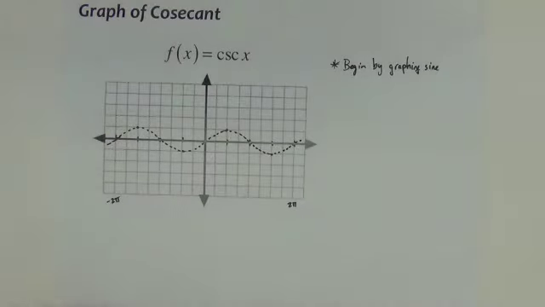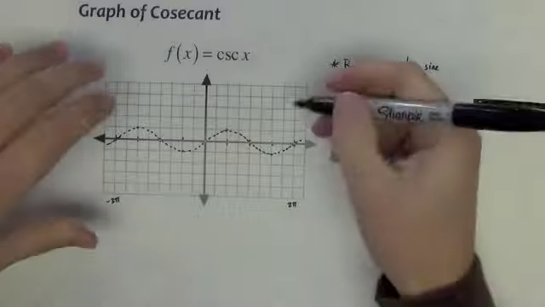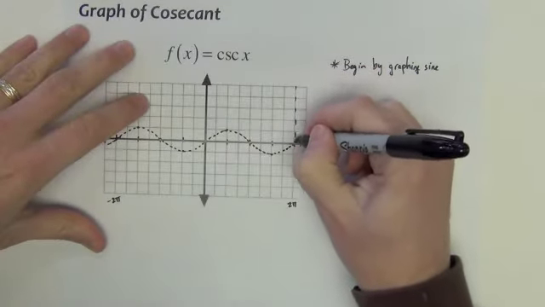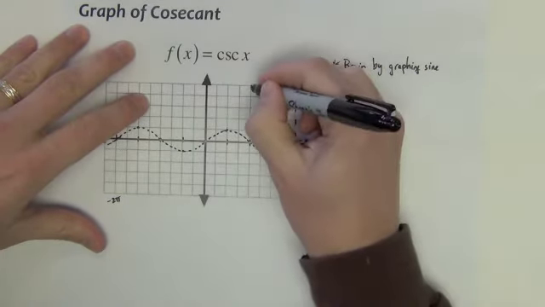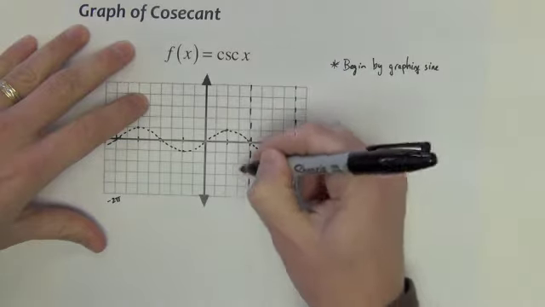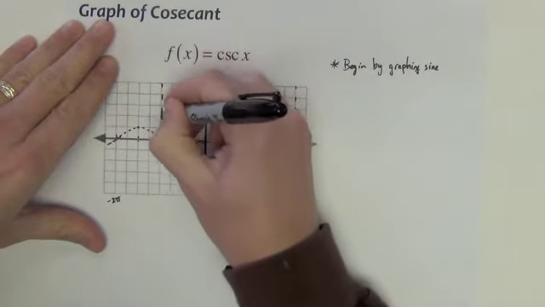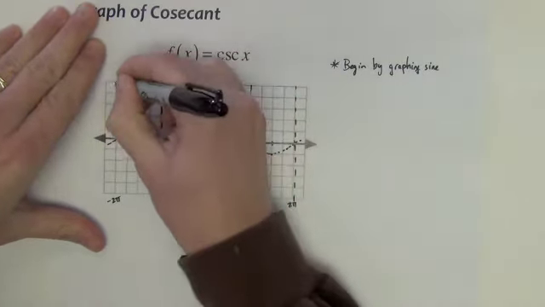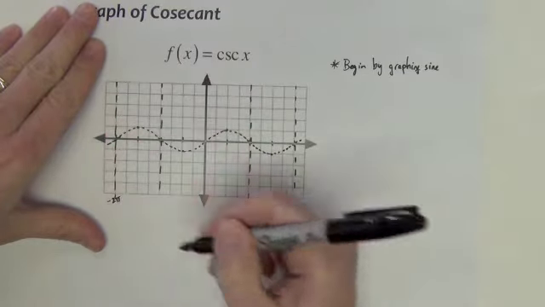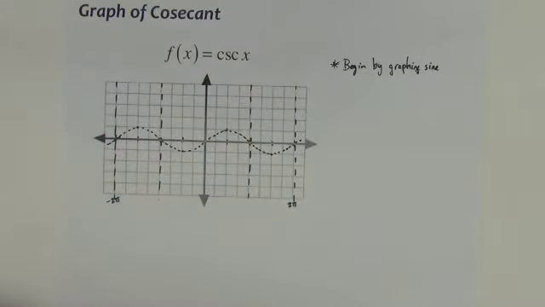Now, just like with the secant, I'm going to reciprocate everything. So everywhere that this crosses through the x-axis, vertical asymptotes, right there on the y-axis. Okay, there's all my verticals.